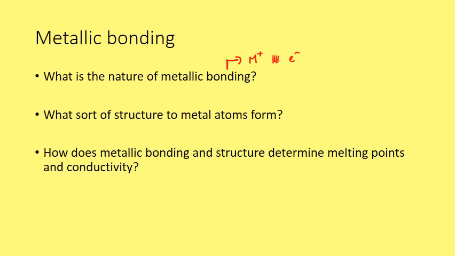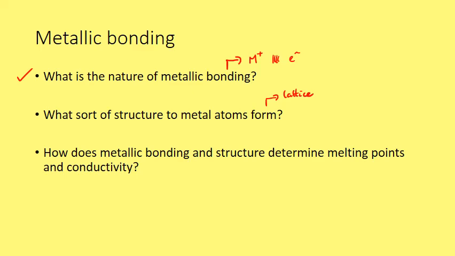And they form a giant metallic lattice because it's unending and it is regular patterned. So that's why we call it a lattice, and it's a metal, so we call it a metal lattice.